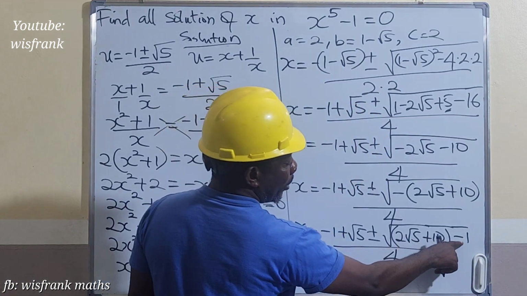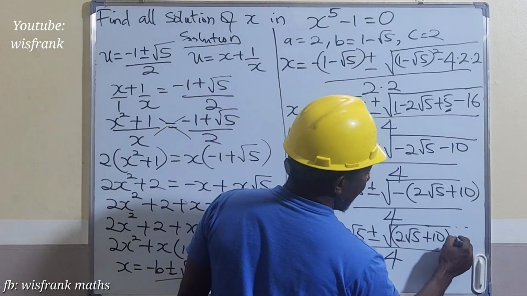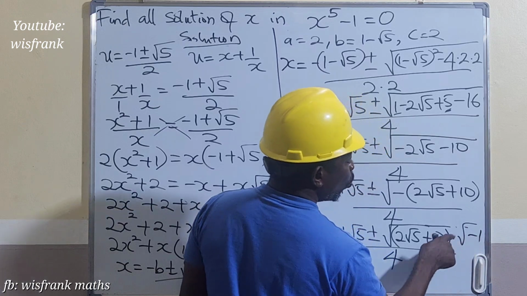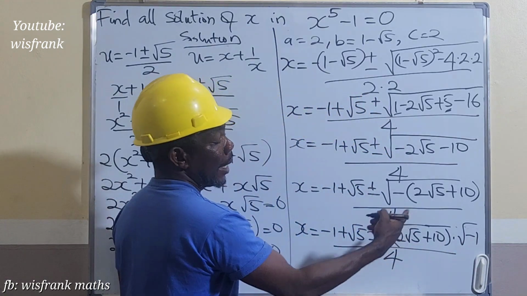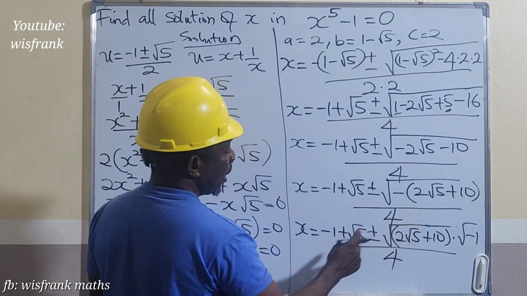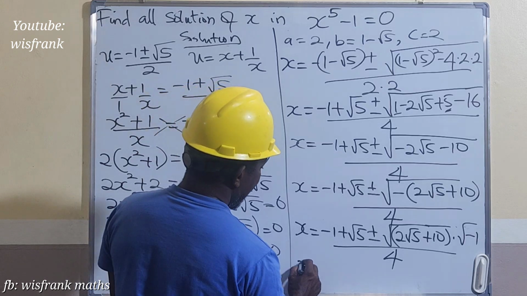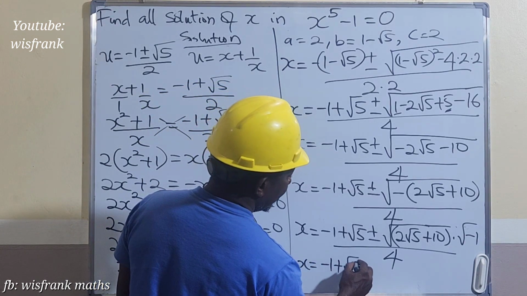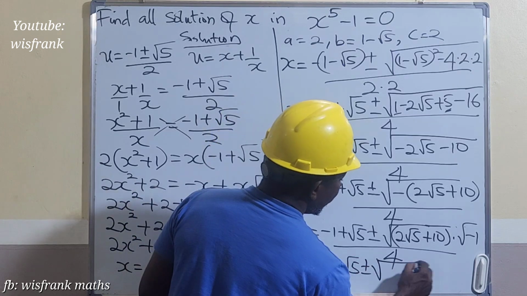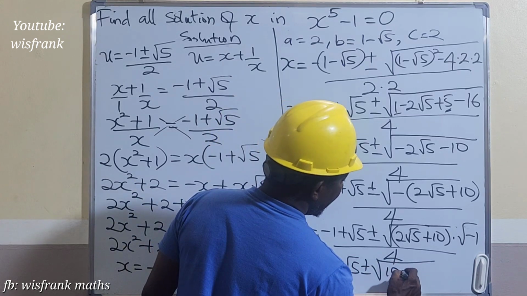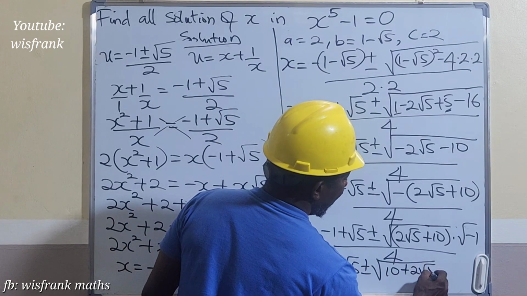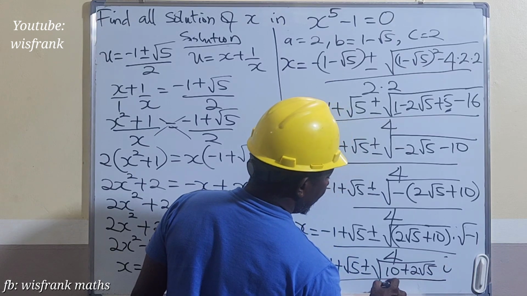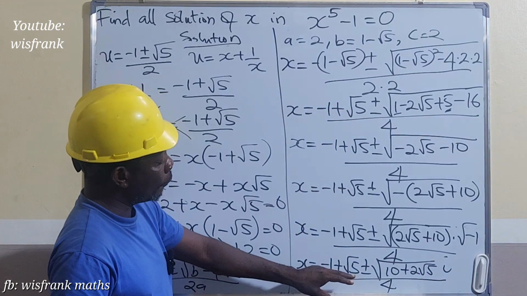Because we have root of minus 1, we can write it as times root of minus 1, which equals i. So here we can rewrite that as x equals minus 1 plus root 5 plus or minus the square root of 10 plus 2 root 5 i all over 4. So this is what we have for x.